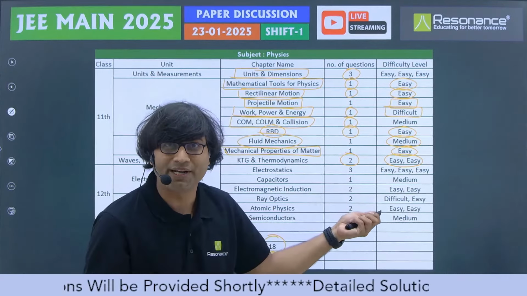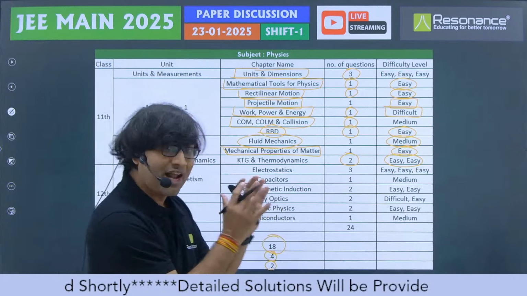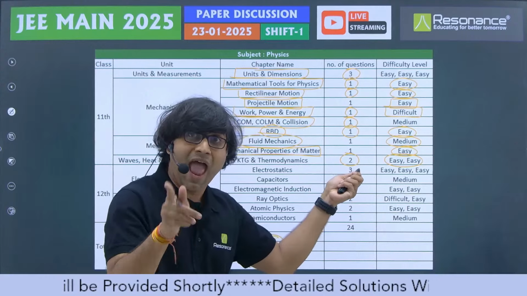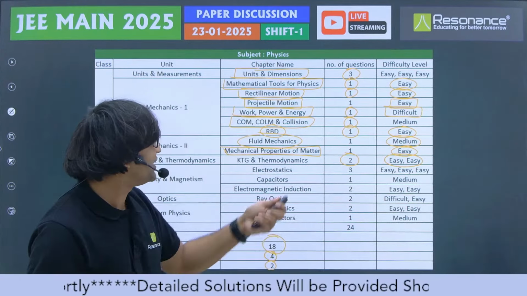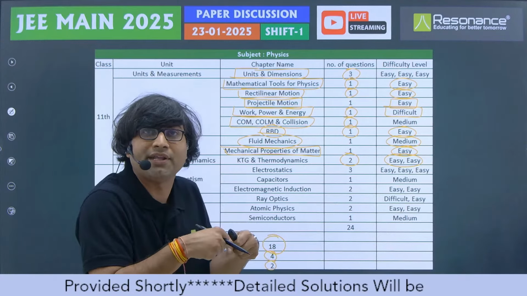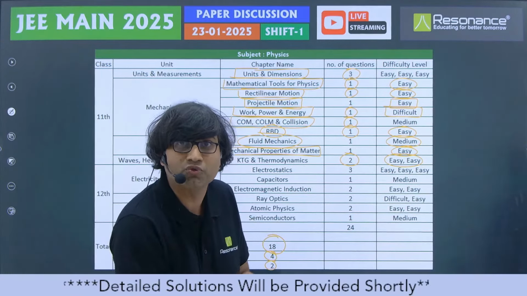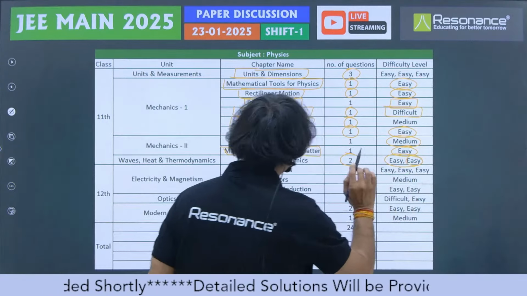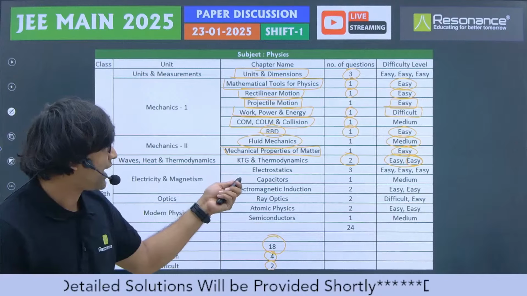It is an adiabatic process. So we just have to identify the process in one of the questions in KTG and thermodynamics, and in another question, it was related to adiabatic process. It was in fact an adiabatic compression where volume reduced to 1/4 of its value, and that question was also on the easy side.